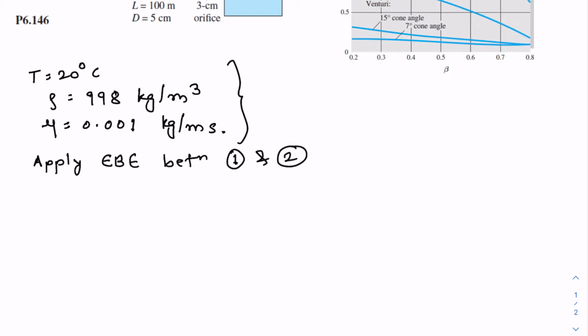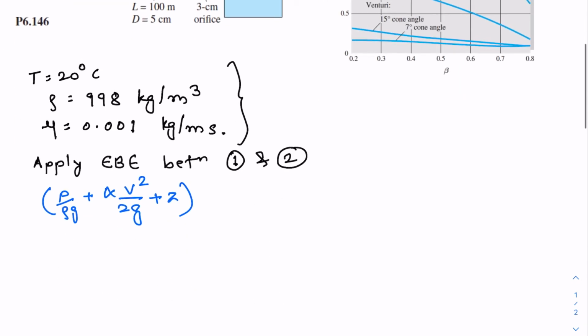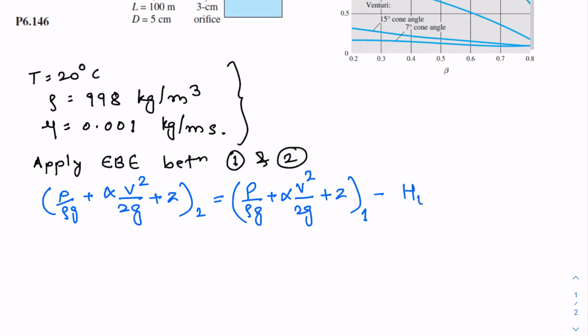If you write the extended Bernoulli equation, P by rho g plus alpha V squared by 2g plus z at 2 is equal to P by rho g plus alpha V squared by 2g plus z at 1 minus the head losses, H_L.